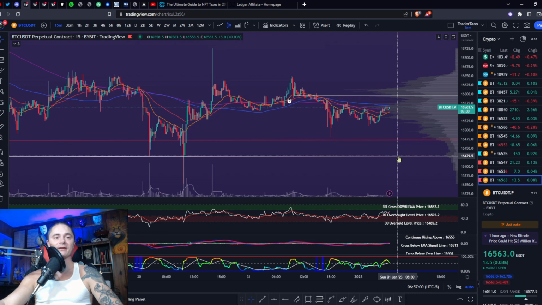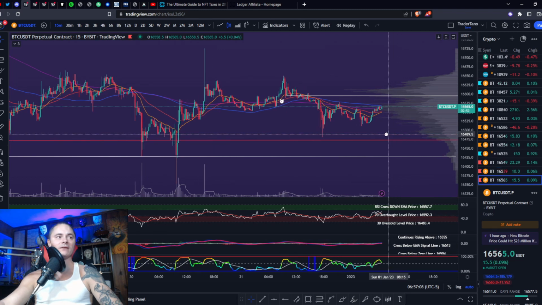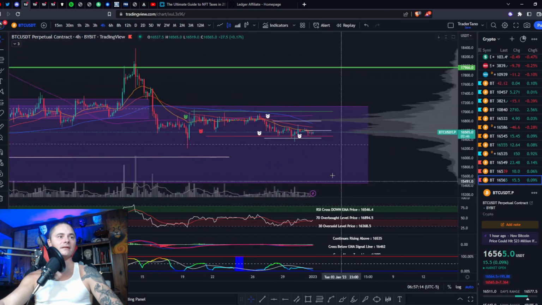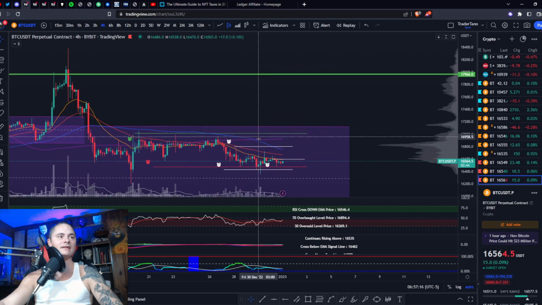But ultimately, I think we would go down to 15.8. This red line is the line in the sand for me. 16,475. Okay, it's basically on the 4 hour, I think. Yeah, so on the 4 hour, it is this last low. Okay, so that's what I'm looking at right now.